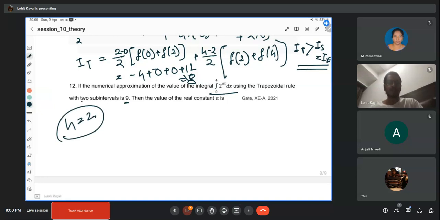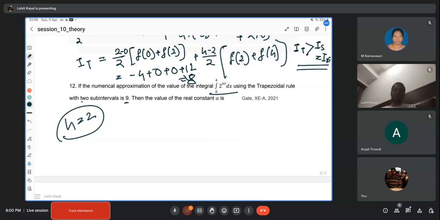So 0 to 2 is one subinterval, and 2 to 4 is another subinterval. It is the integral from 0 to 4 of 2 to the power alpha x dx, and I need to find the value of the constant. The solution is given that the final result is 9, so I need to find the value of alpha.